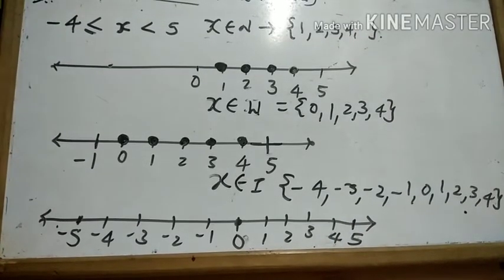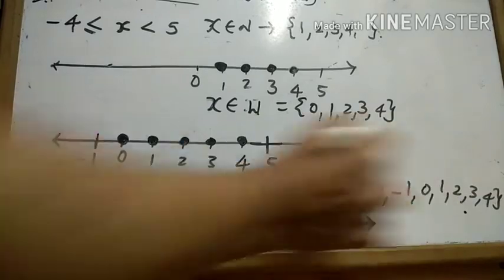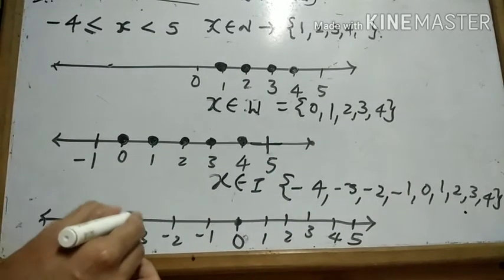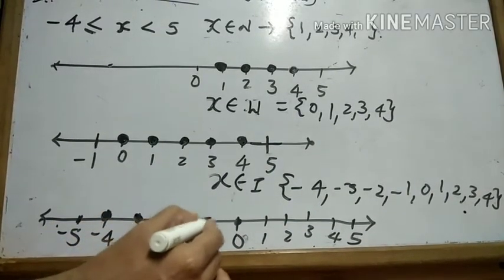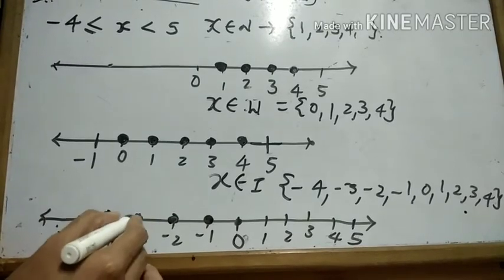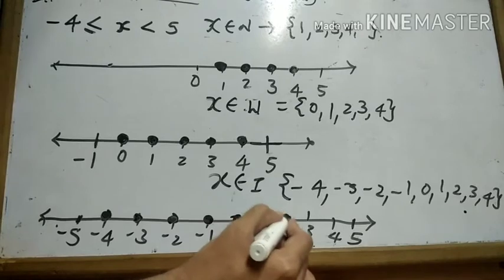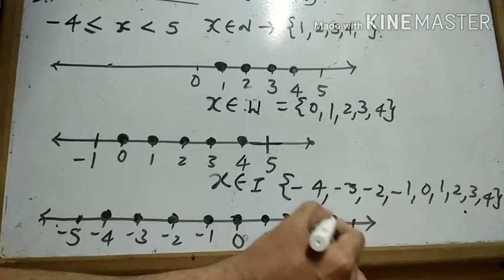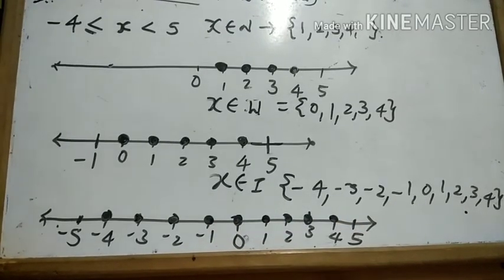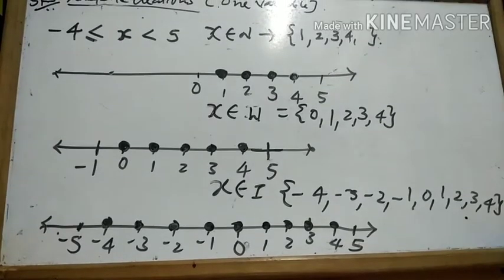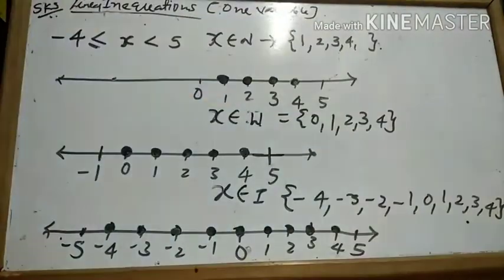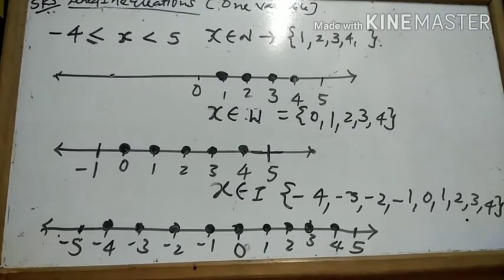Now, which numbers to be highlighted? Whichever are there in the set are to be highlighted. -4, -3, -2, -1, 0, 1, 2, 3, 4. I don't have to highlight 5. Remember, whenever you are representing on a number line, one number preceding and one number succeeding should be written down without fail.